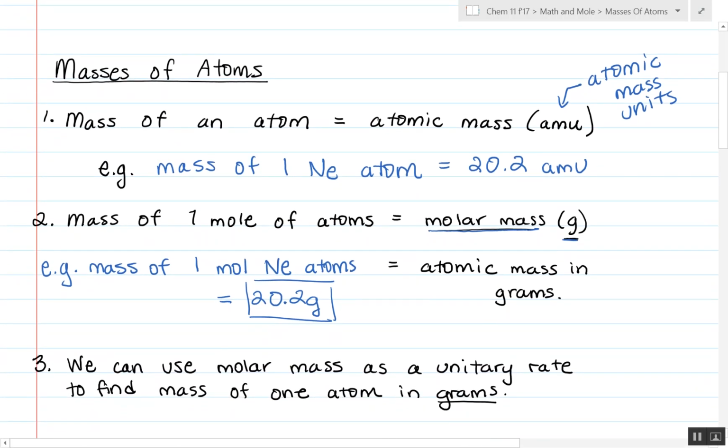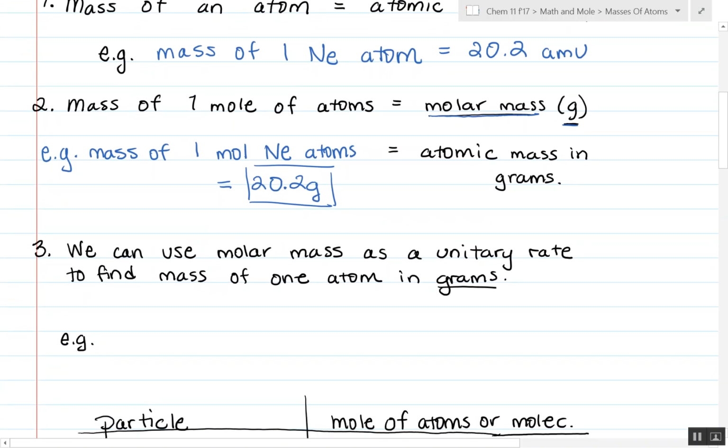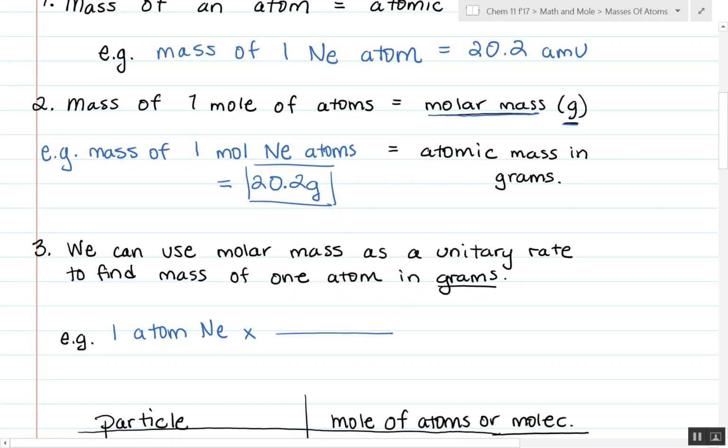Third is we can use molar masses as a unitary rate to find the mass of one atom in grams, which is kind of handy. Even though an atom is really small, we can still determine its mass. So for example, if we wanted to determine the mass of one atom of neon, we can use our friend Avogadro's number and the mole.